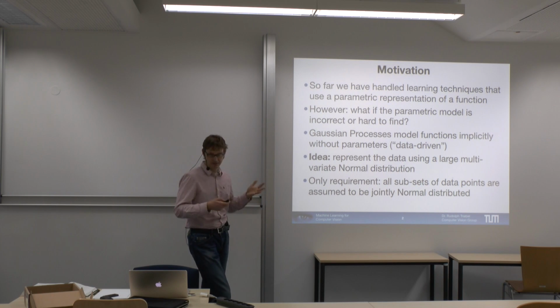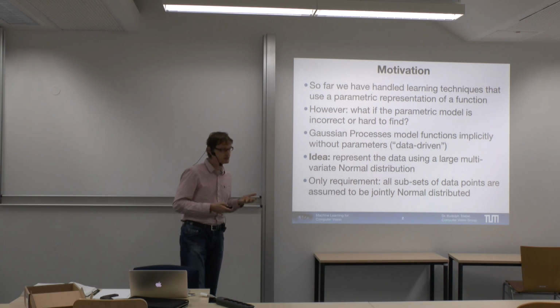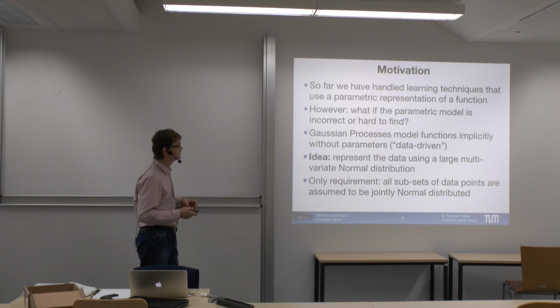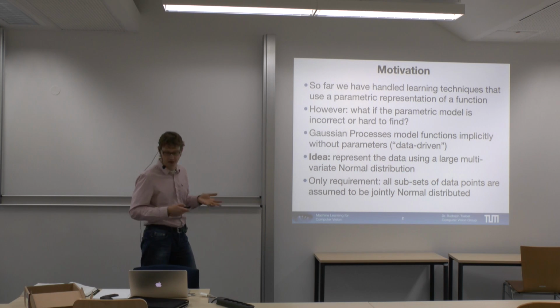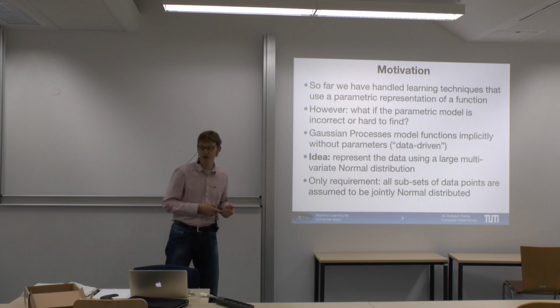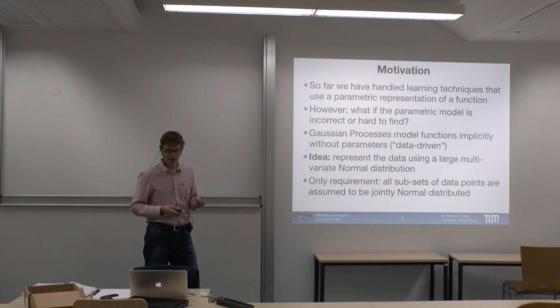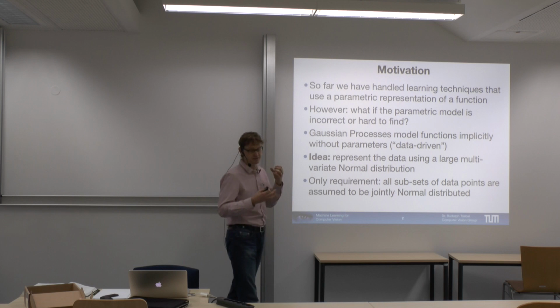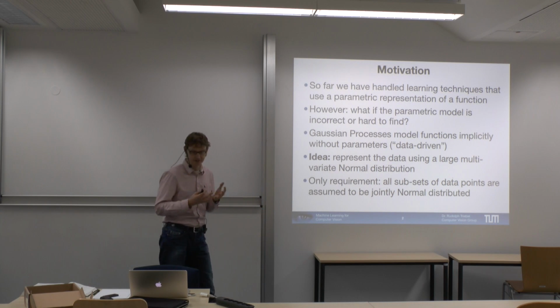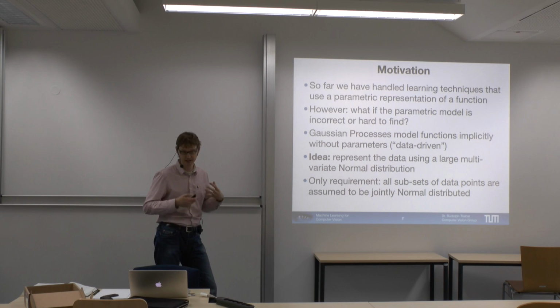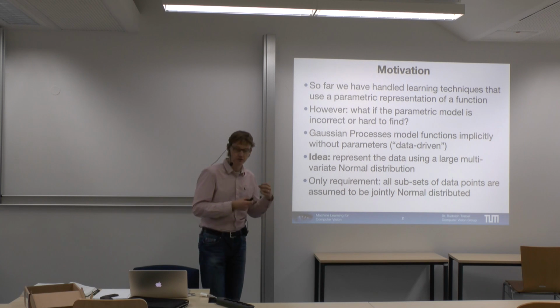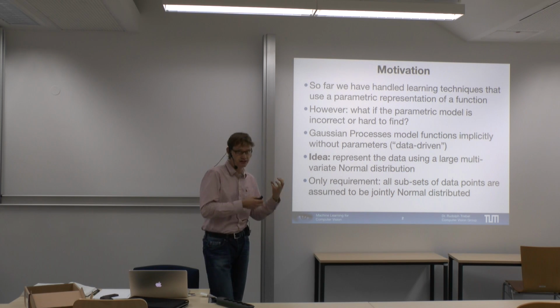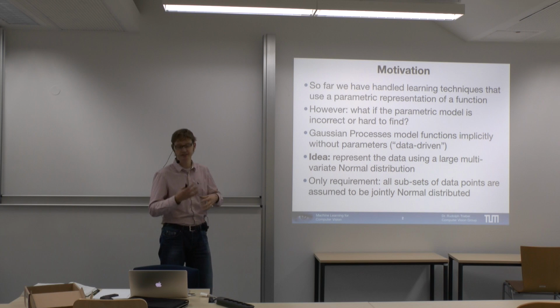If you have many data points, then you have a very large Gaussian distribution with a big covariance matrix, which of course makes computation harder, but it also gives you good power, because then you can really understand the statistical relationships between data points. It looks at how strongly data points are correlated with each other.